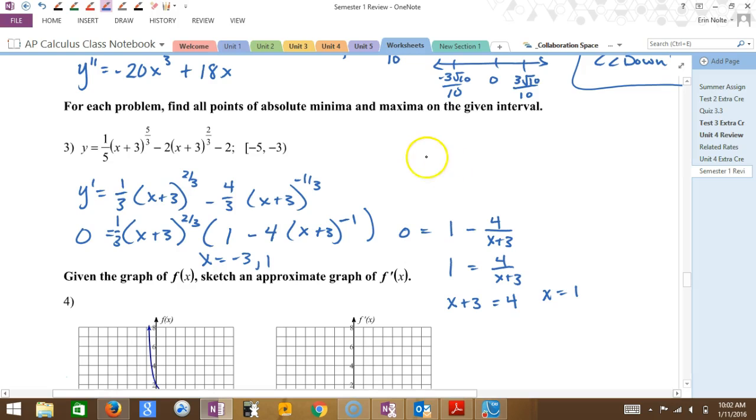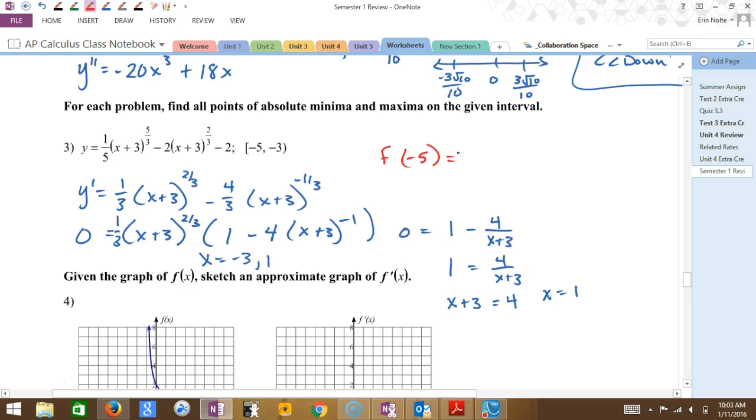Oh, this is yucky. Let's just throw 3 in there just to see what happened. So if I do negative 5 plus 3 to the 5/3 minus 2... Oh my god, what is that even?